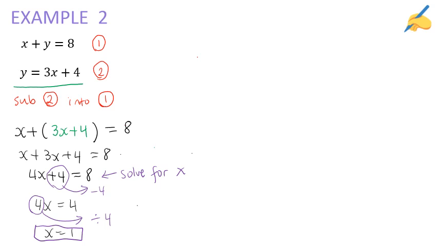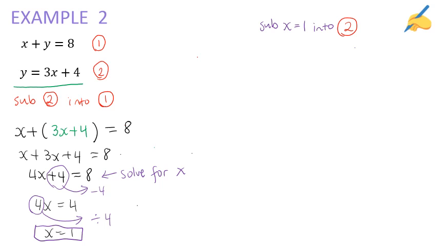So I need to then find out what the y value is. So I'm going to substitute x equals 1 back into one of the equations to solve it, whichever one we think is going to be easiest. So I might substitute it back into the second one, substitute it into equation 2.